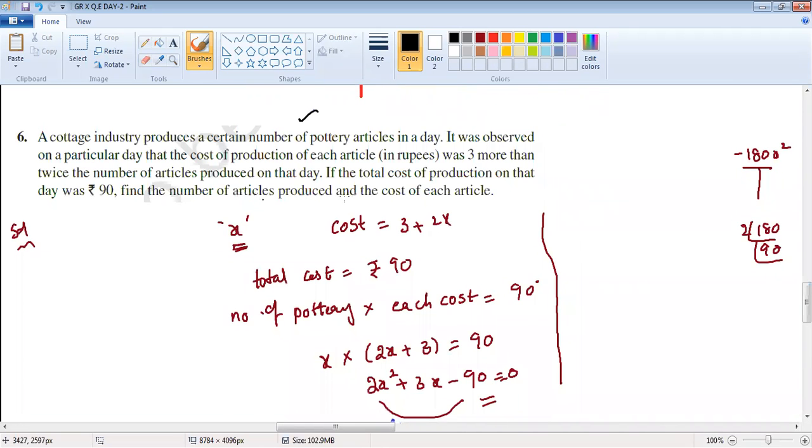Find the number of articles produced and cost of each article. So the cost is 3 plus 2 into 6. 2 sixes are 12, 12 plus 3, 15. Got it? So the cost of each article is 15 rupees. Are you understanding? Vaibhav, have you understood?